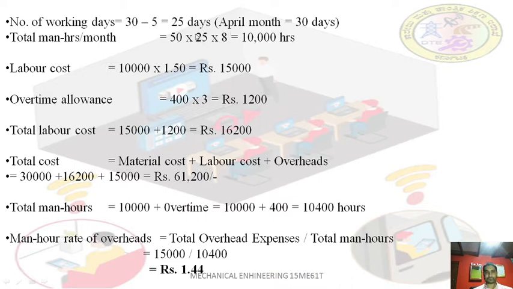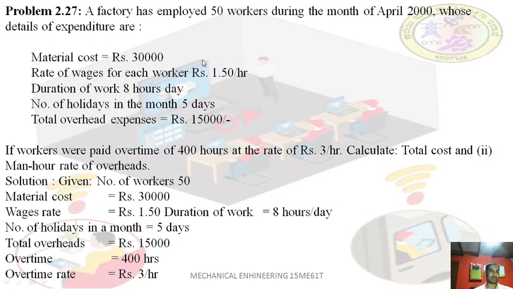This is for a single person. There are 50 employees working. So 50 number of workers multiplied by 25 number of days into 8 hours in a day will give 10,000 hours. So in total they have worked 10,000 hours in the month of April.